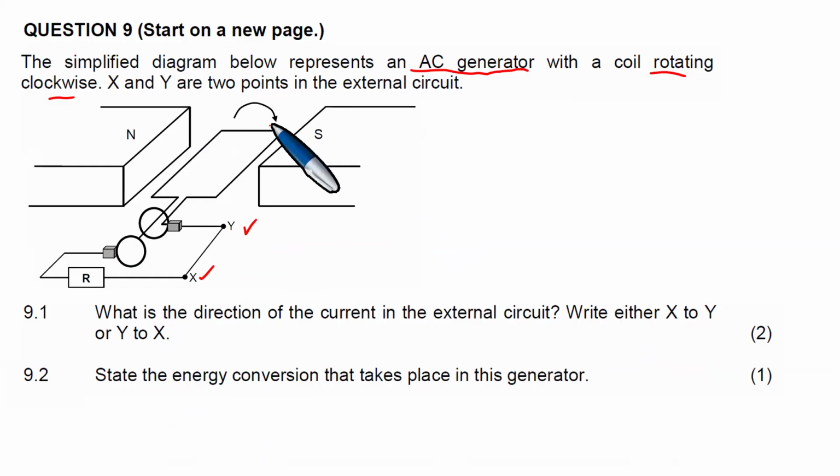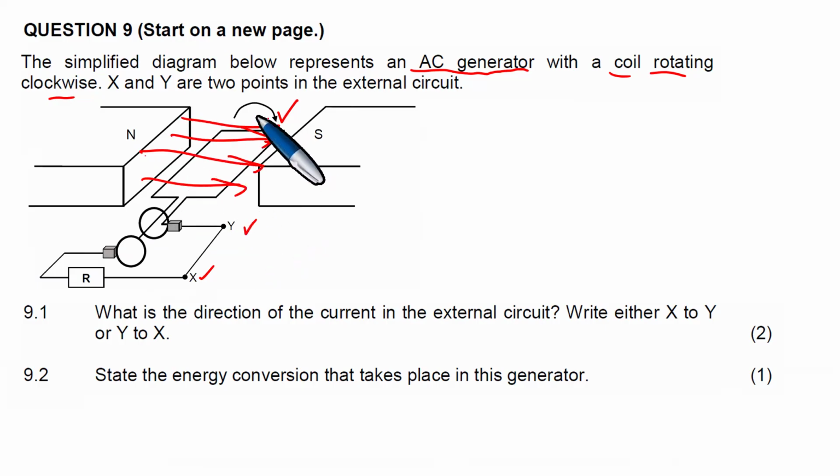A couple of things we are seeing: this coil is rotating clockwise, and X and Y are 2 points in the external circuit. This is the north pole and that is the south pole.